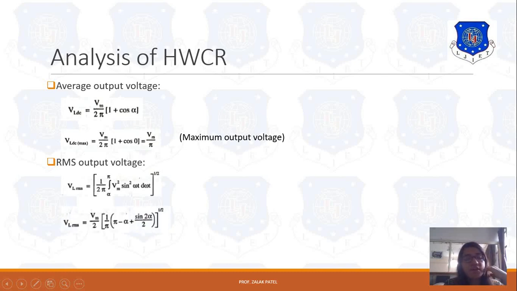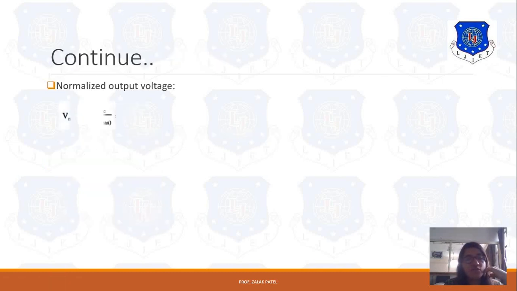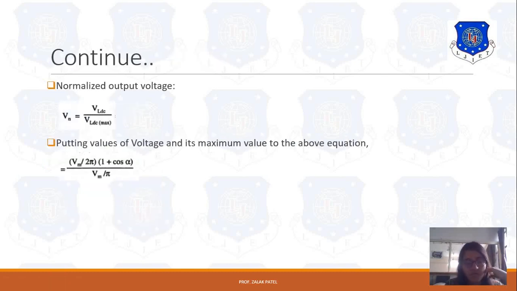Now we put all these values in the equation of the normalized value. Here Vm and Vm will be cancelled out, pi and pi will be cancelled out, so the final answer will be 1 plus cos alpha by 2. That means 0.5 into 1 plus cos alpha will be the normalized output voltage.